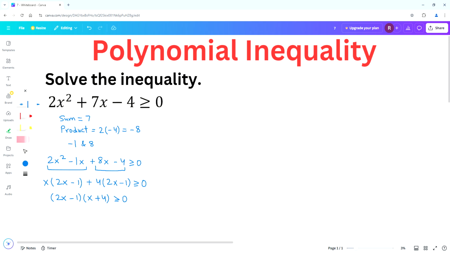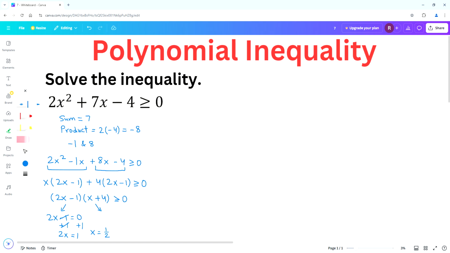Next, we should find the x-intercepts of this quadratic expression by setting these two factors equal to 0 and solving for x. The first x-intercept is 1 over 2.